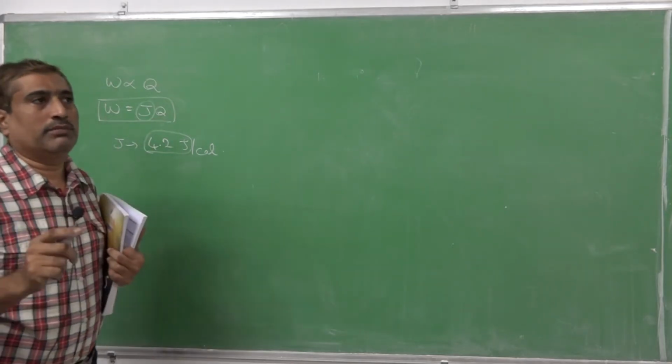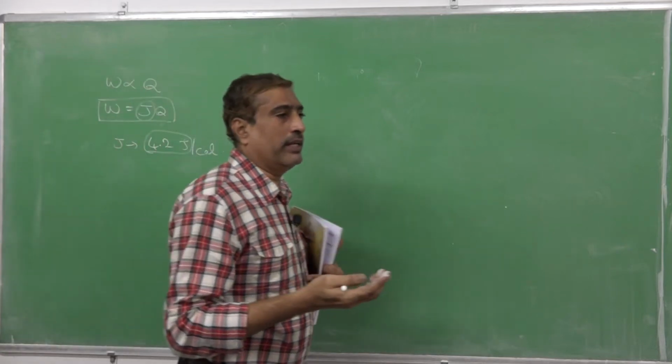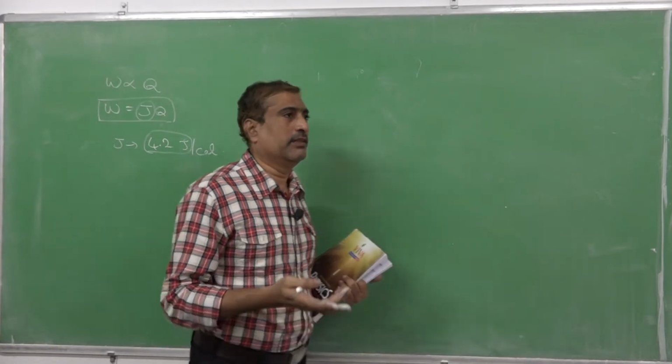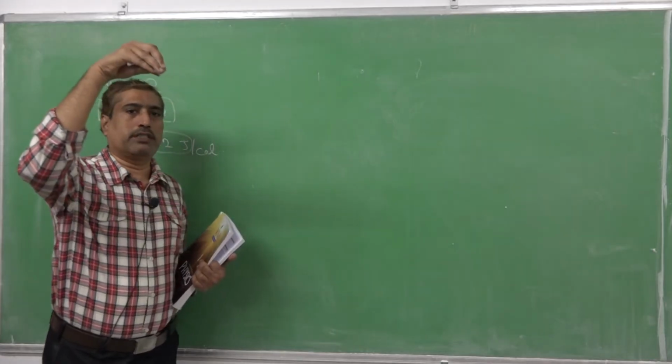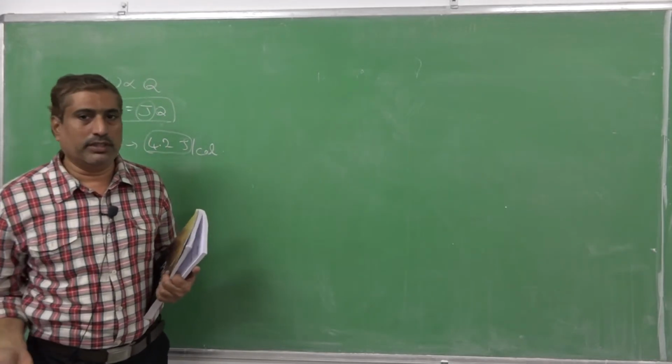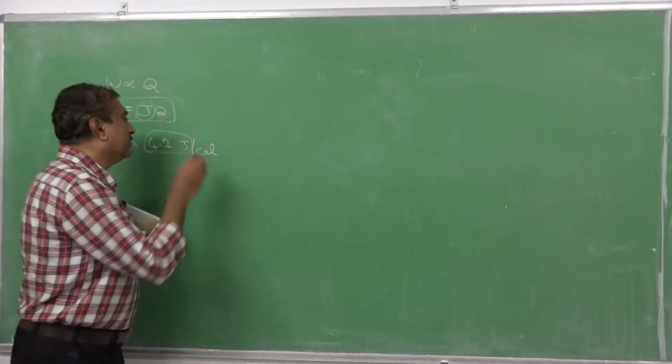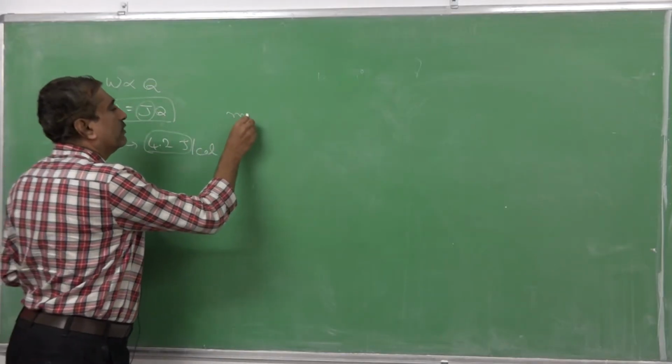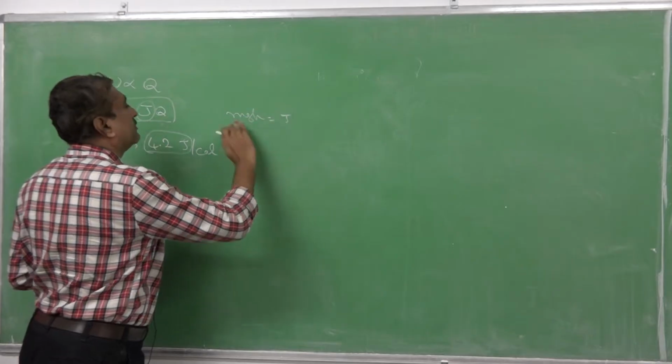For any problems where mechanical work is converted into heat energy, suppose if a body is dropped from a certain height, so that its potential energy is converted into heat energy. In that case, you have to take it as mgh equal to JQ.